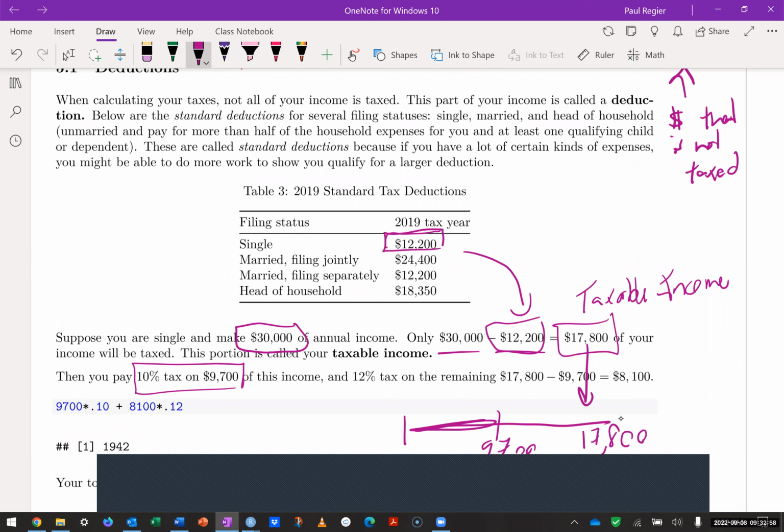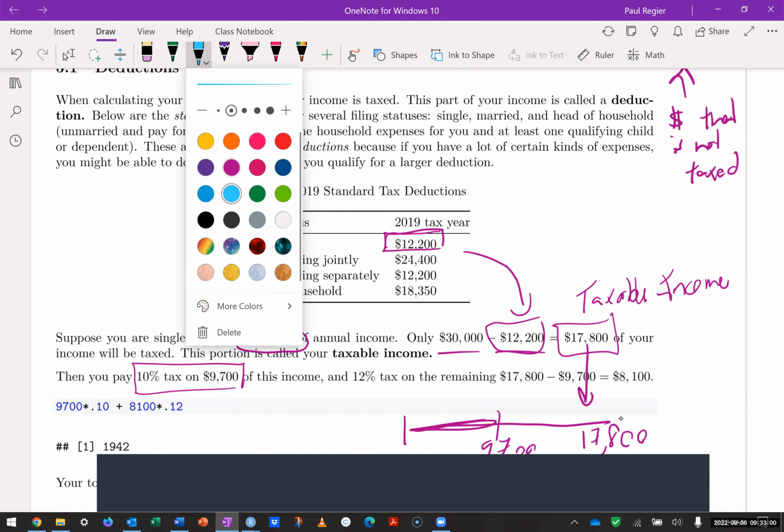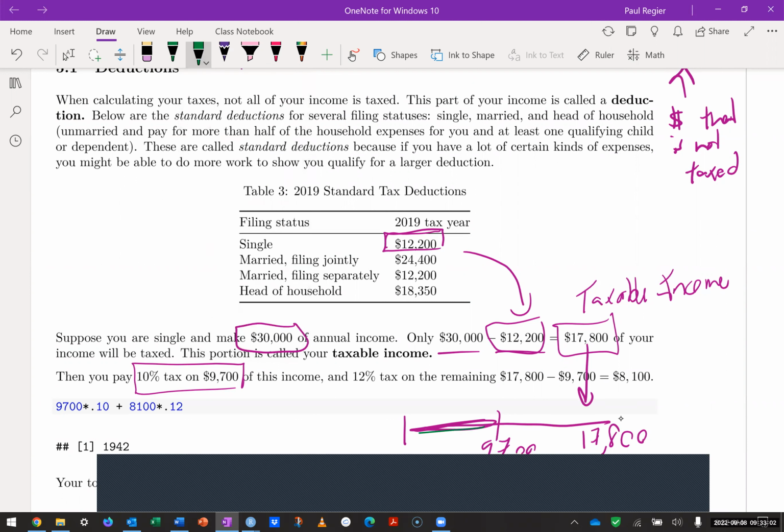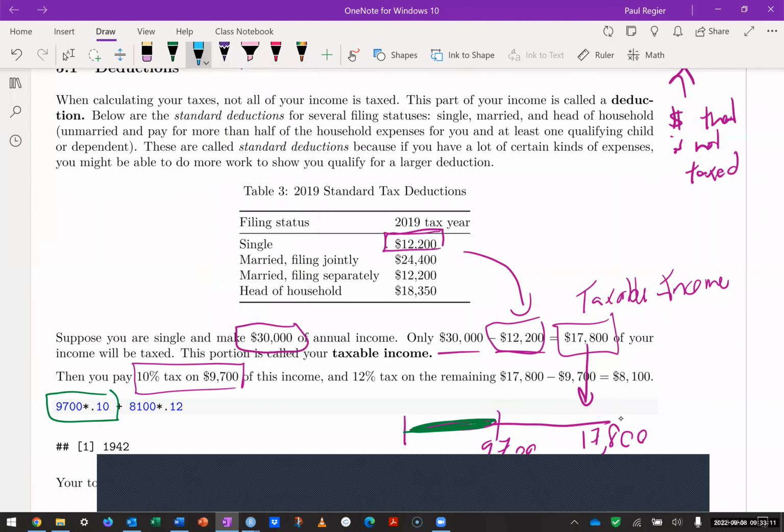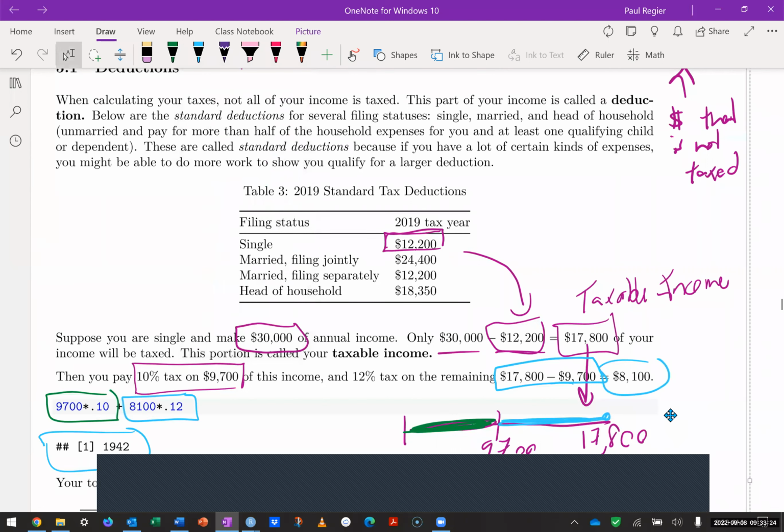So the first bracket here in green is 9,700 times 10%. The second bracket is going to be this amount here, which is 17,800 minus 9,700, 8,100. That's 12%. So that's the total taxes for this case. And that's because you have to subtract the deduction.